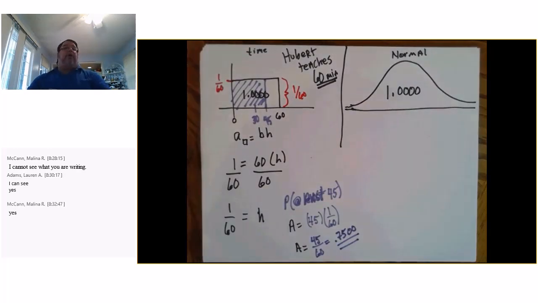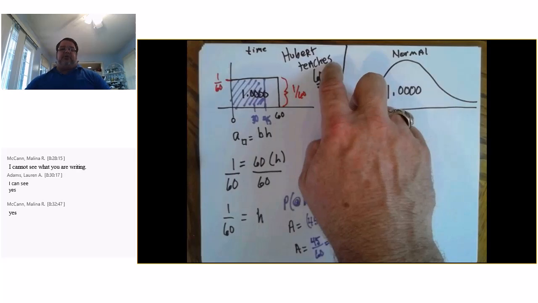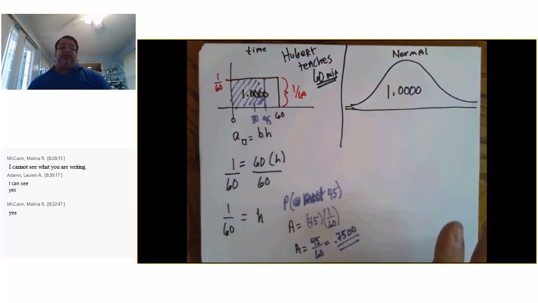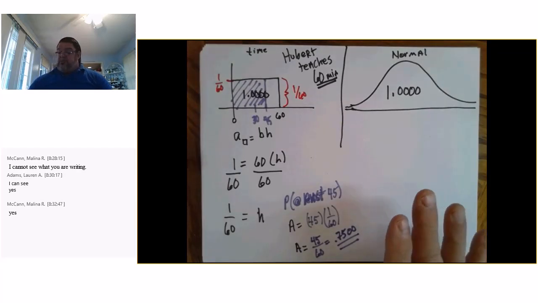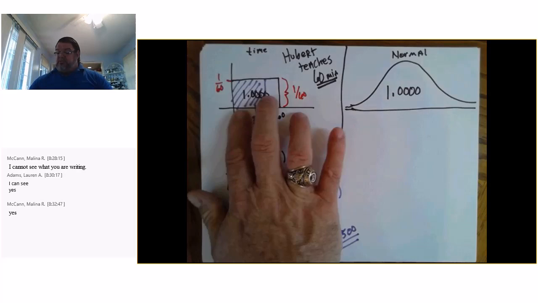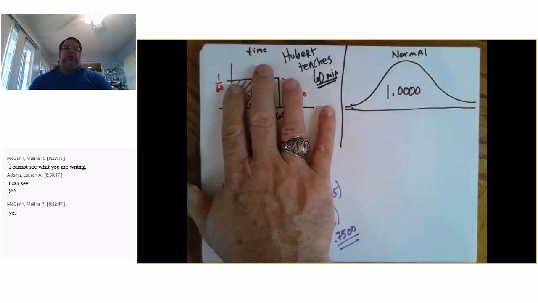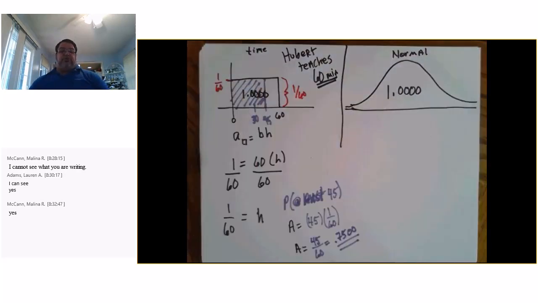All right, so that means there's a 75% chance, based on Hubert teaching usually 60 minutes, there's a 75% chance that he's going to go 45 minutes at least. Okay? So that's how you use the uniform distribution.